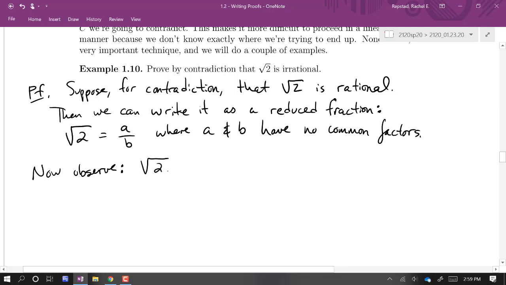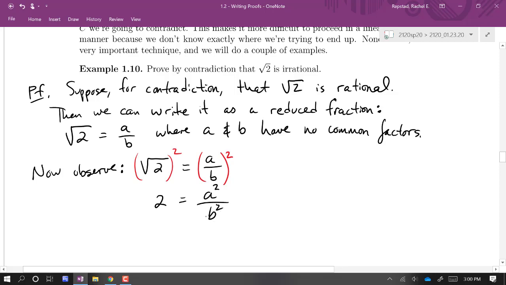So we have this equation, square root of 2 equals a over b. I'd want to work with integers and not radicals, so I'm going to square both sides. How do you square a fraction? Square the top, square the bottom. So on the left side, we just get 2, because that undoes the radical. So we have a squared over b squared.